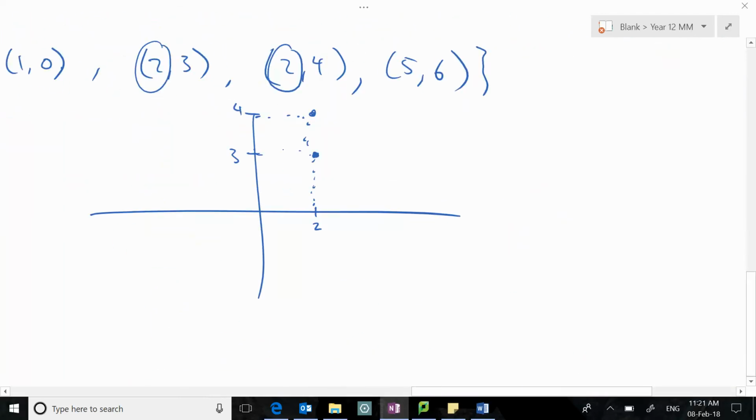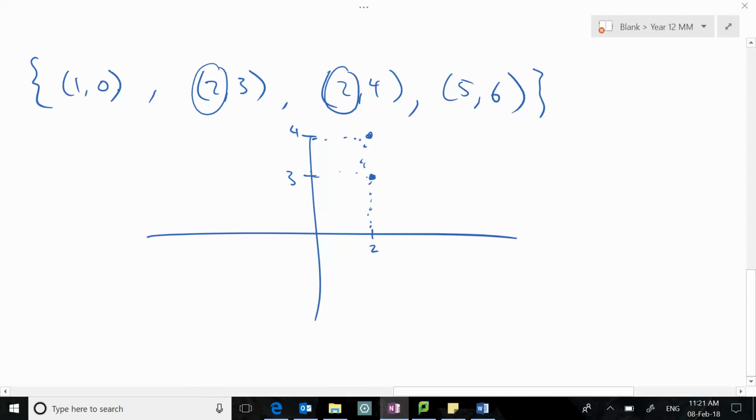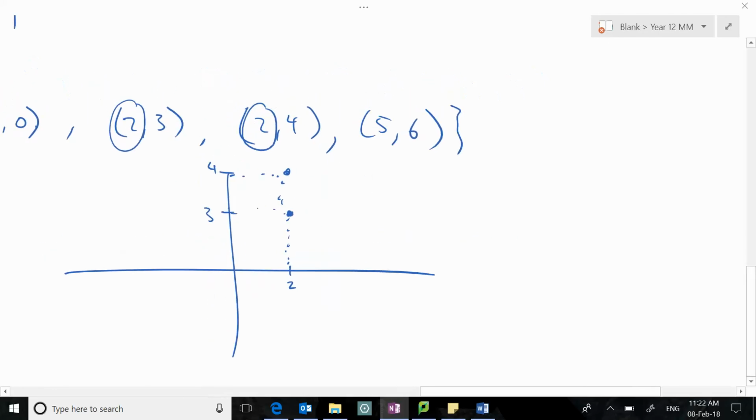What happens if you have a repeated y? What does a repeated y tell me? Let's go back to Jason. A repeated y value would be either a many to one or many to many.